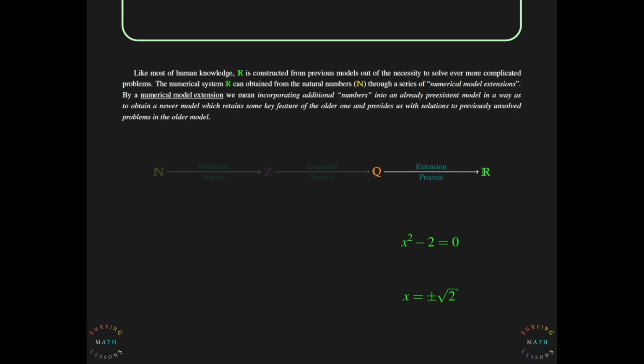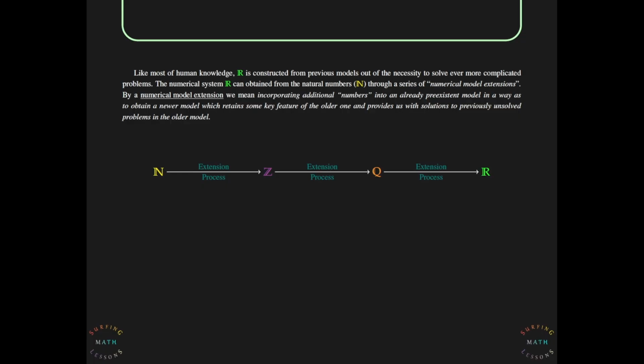The details of each particular extension process depend on the numerical model one is dealing with and also on the problem one wants to solve. These specifics are not particularly useful to us and also can be quite technical. For that reason, we do not speak more on the subject, but rather emphasize what is important.